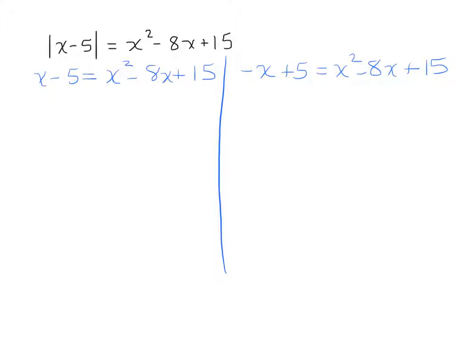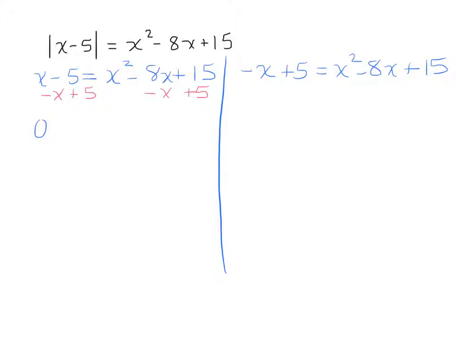So these are different because these are quadratic. To solve a quadratic equation, move everything to one side, make it equal to 0, and then we'll solve by graphing or by factoring, probably. So I'm going to subtract x and add 5 here for the positive.